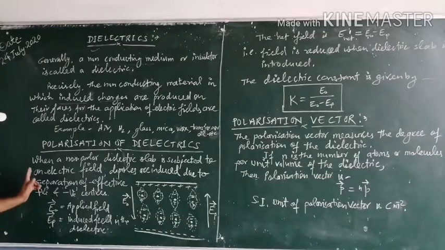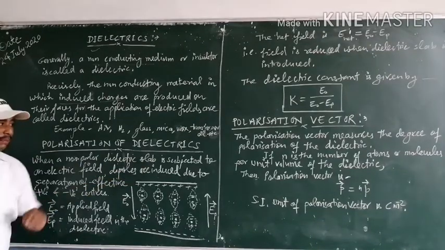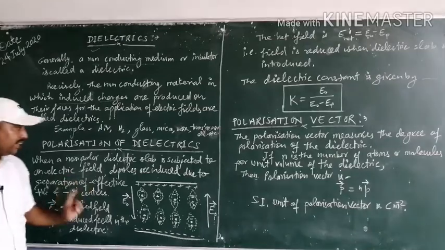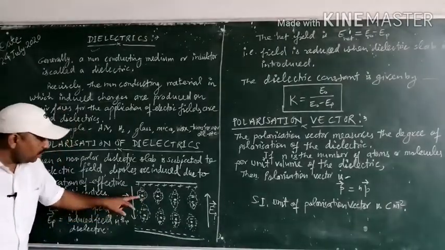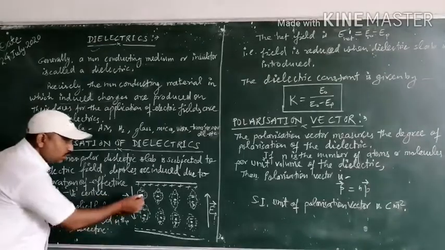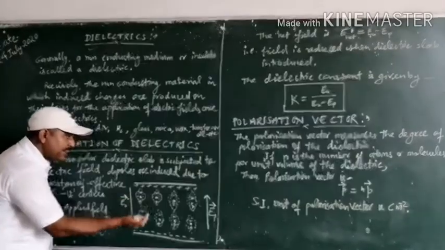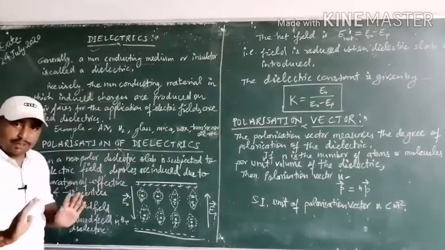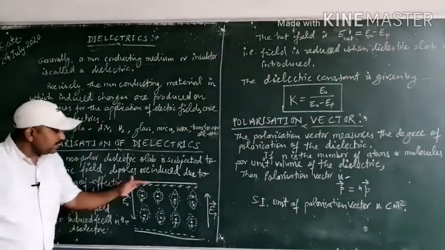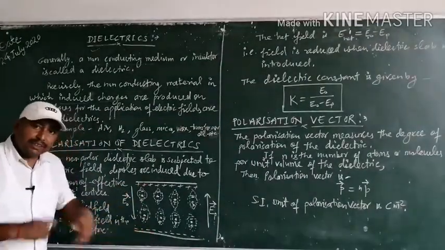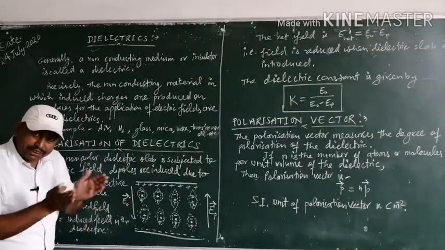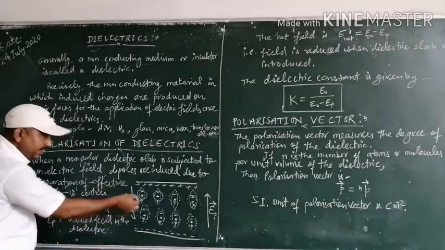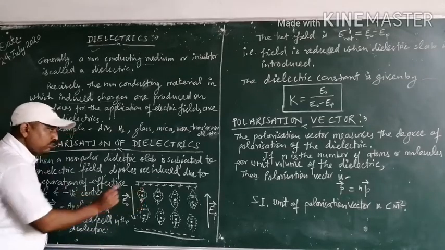So, when a non-polar dielectric slab is subjected to an electric field, dipoles are induced, because initially all the positive and negative charges coincide with each other. So the net dipole moment is 0 and no dipoles are formed. But when there is an electric field, then due to induction, the positive and negative charge centers separate from each other and a small dipole is formed.